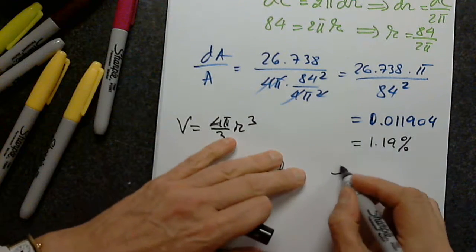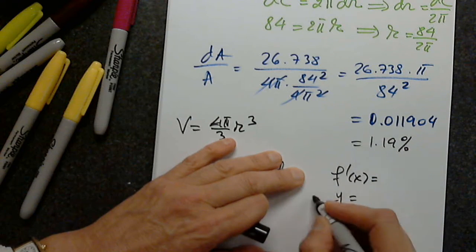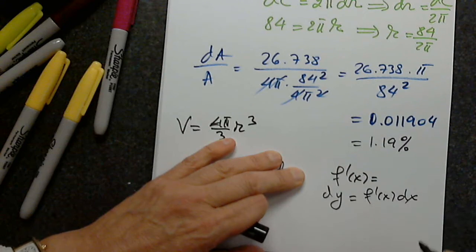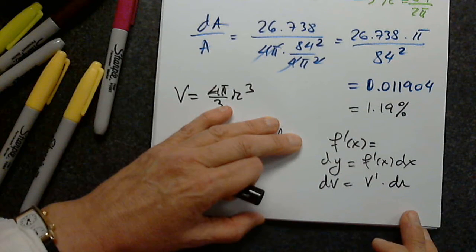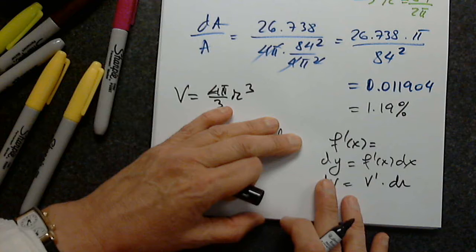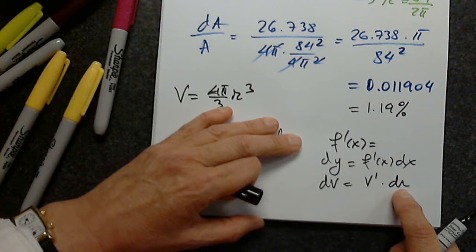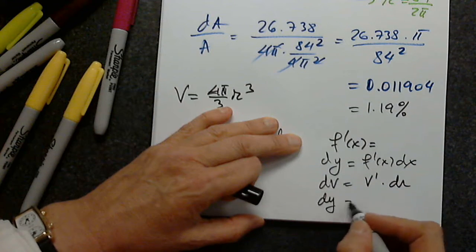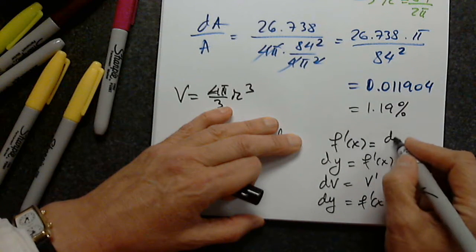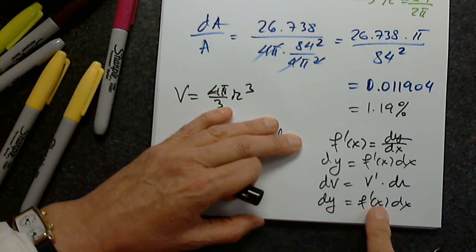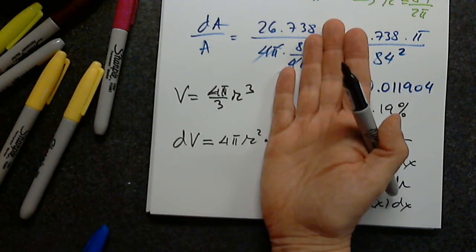Is that not clear? f prime of x is one thing, but when I'm asked to find dy, I have to write f prime of x dx. When I'm asked to find dV, I have to write V prime of r dr. I'm not asked to find f prime or V prime; I'm asked to find the differential of V, which is V prime times dr. f prime is dy over dx, so this is not a derivative and you cannot stop here.